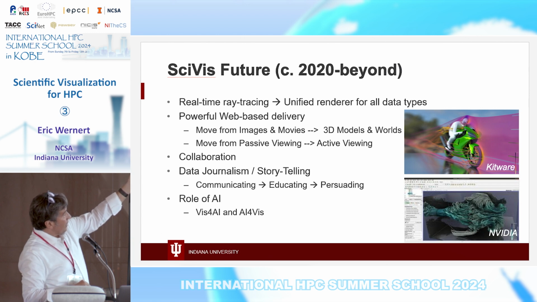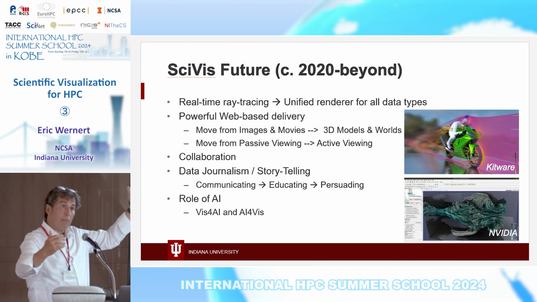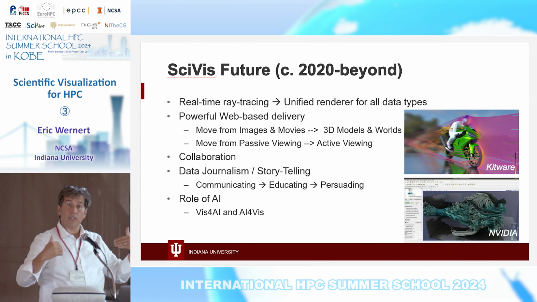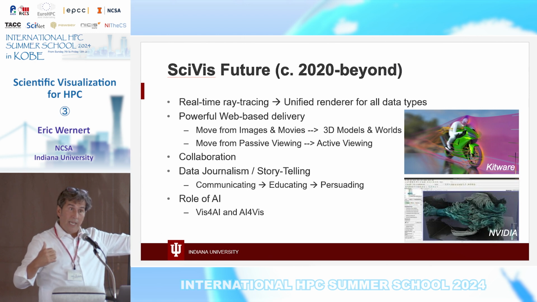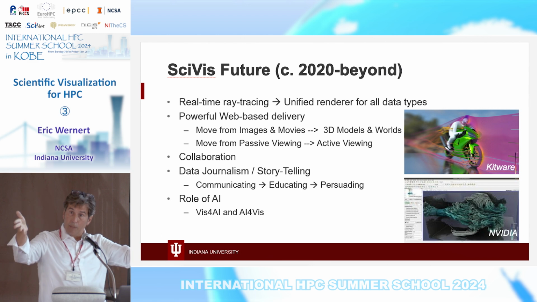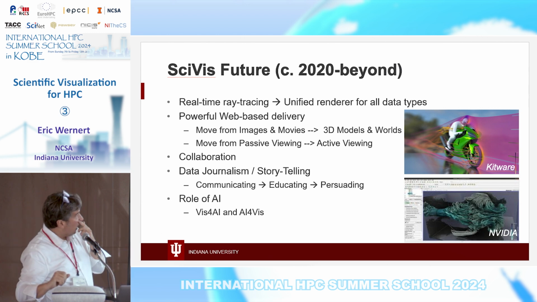I think that things like what we saw with being able to put up models and worlds will be able to do higher resolution, with fewer limitations. We didn't mention it, but we can't do volumes directly in there, so we had to turn everything into a set of polygons to put it into Sketchfab and Spatial. At some point in the future, that's not going to be an issue anymore, so we can easily put up volumes.